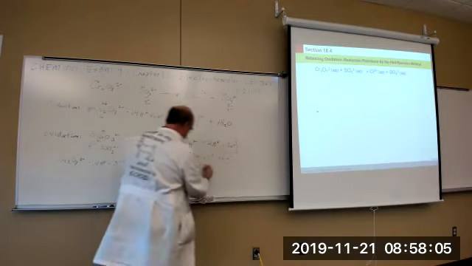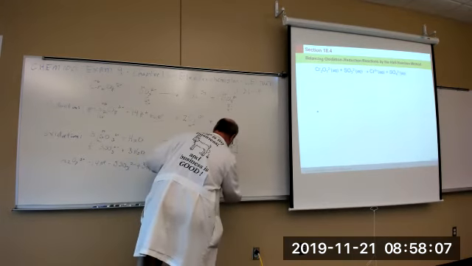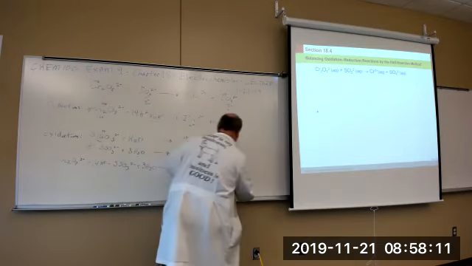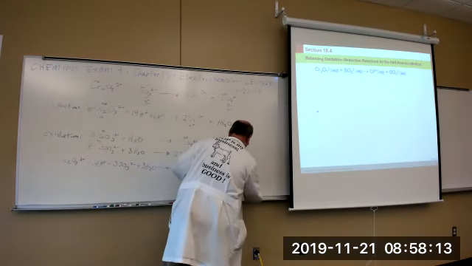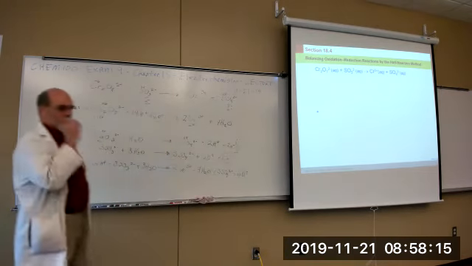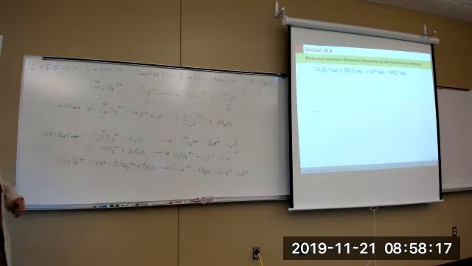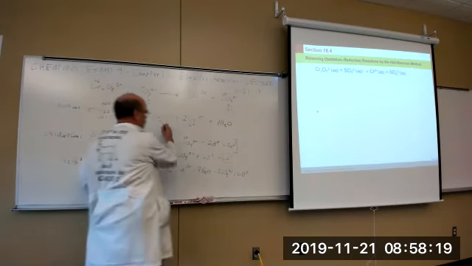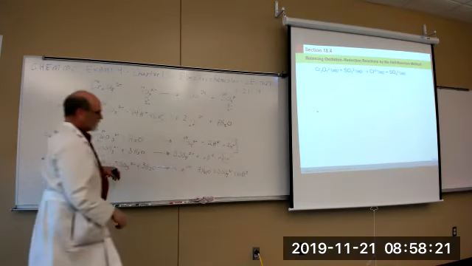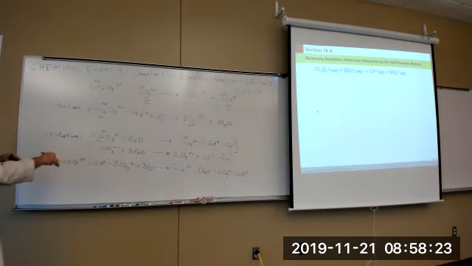And then we have 3 sulfates, 6 hydrogens. And the electrons are already taken care of. We already canceled the electrons. Okay, so that's everything we have in those 2 half reactions brought down.